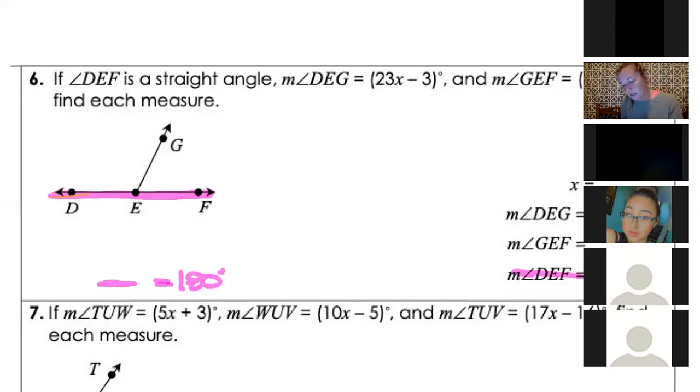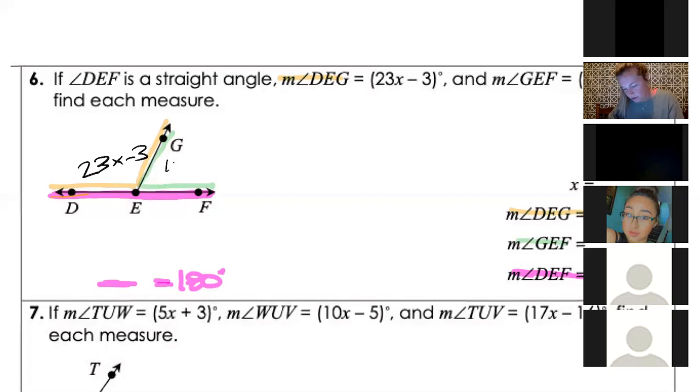Then it wants DEG, which I can highlight in orange. And it tells you DEG is 23x minus 3. Then it tells you that GEF, which is right down here, is 12x plus 8. You don't have to do all the work of color coding.